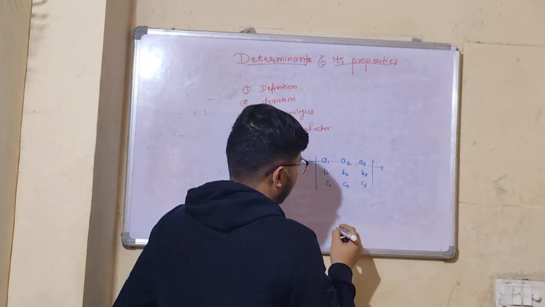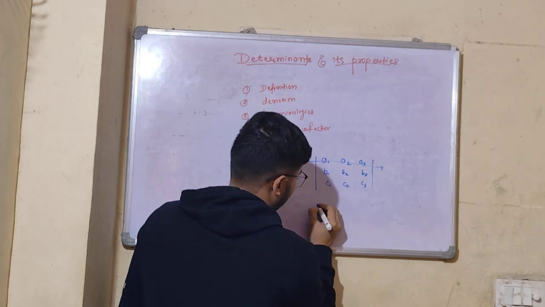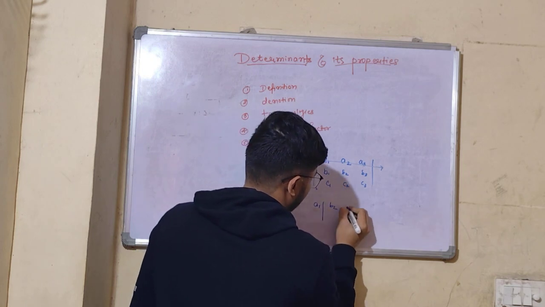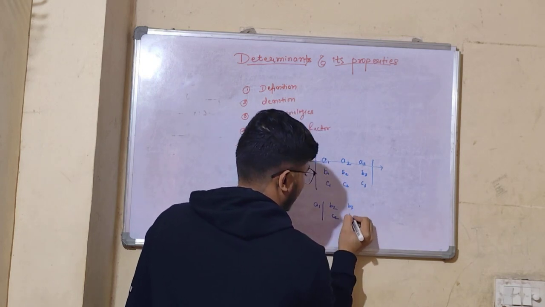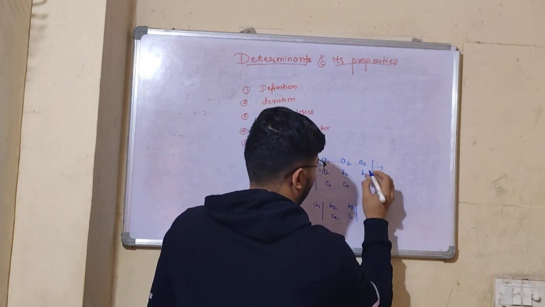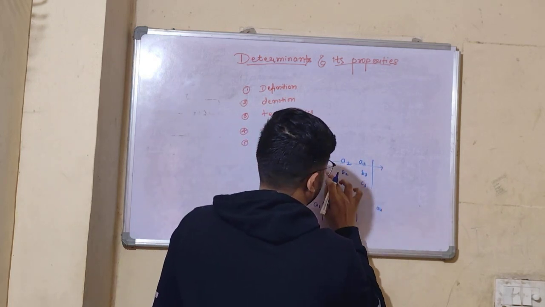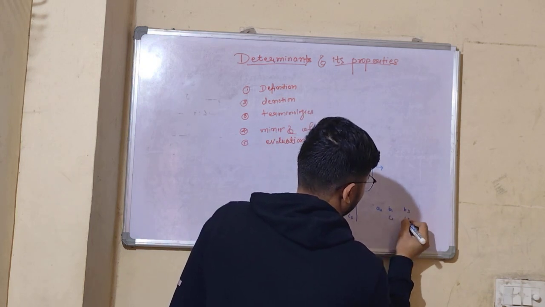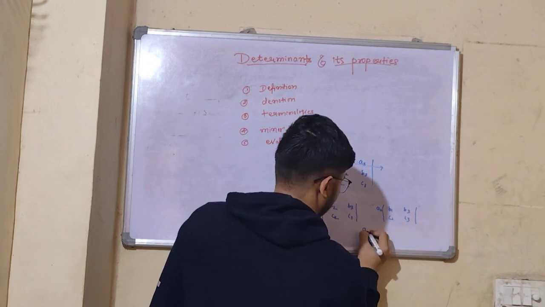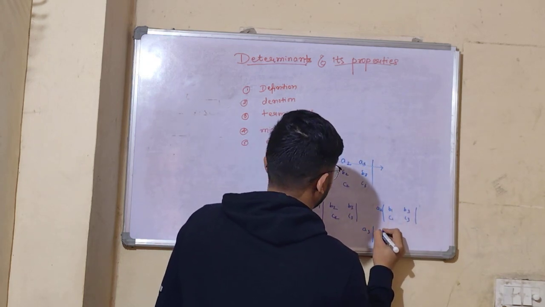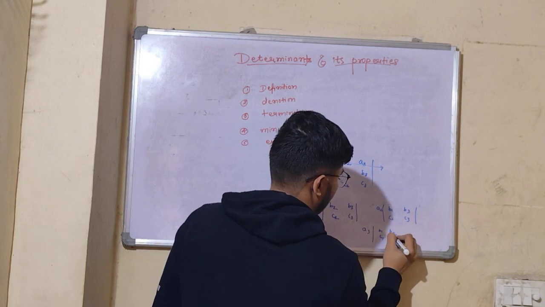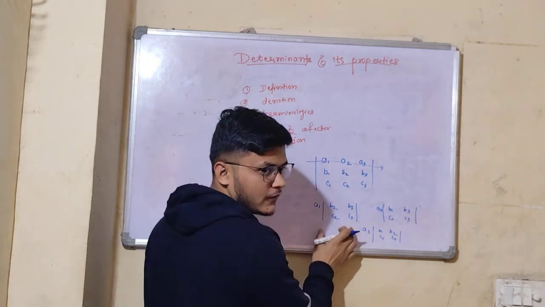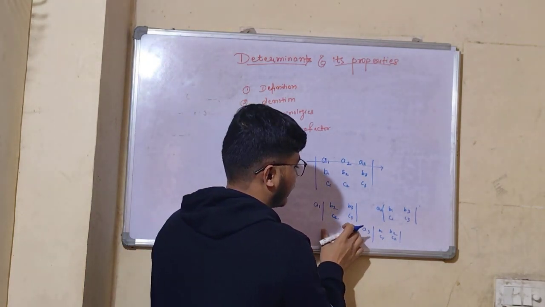So its determinant will be nothing but A1 times the minor of A1, A2 times the minor of A2. Actually it is not the minor, we have to actually put the cofactor here.